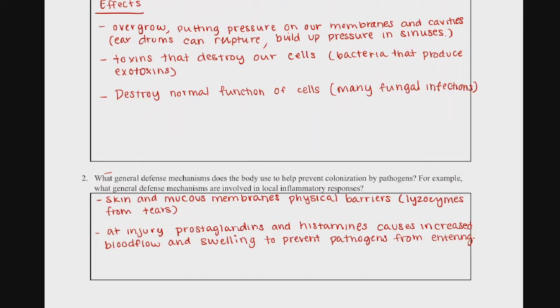Additional pathogens are not allowed to come in through that, and then what happens is phagocytic white blood cells will move into that region really quickly and then consume whatever pathogens are there to prevent colonization. So now that we have this little river that we've created with our swelling and the blood, white blood cells move in, and those phagocytes consume any pathogens to prevent them from colonizing.